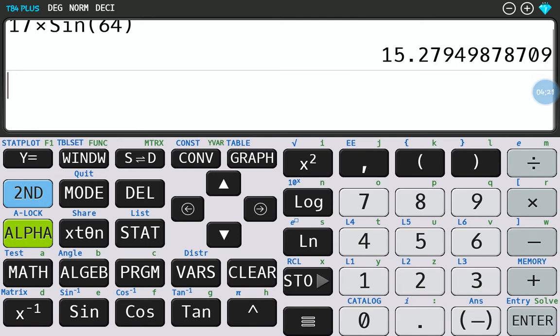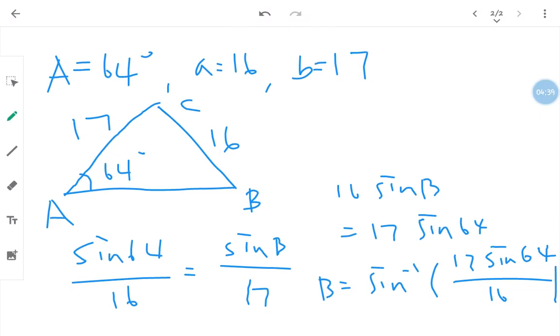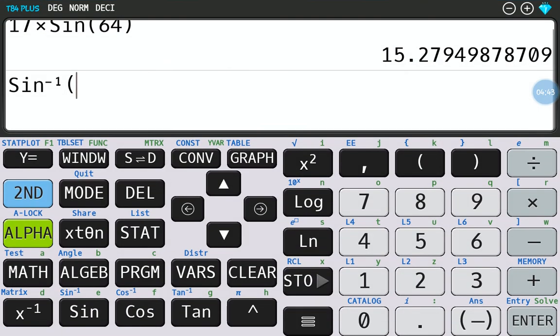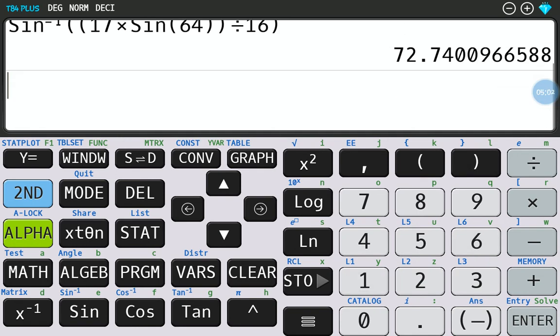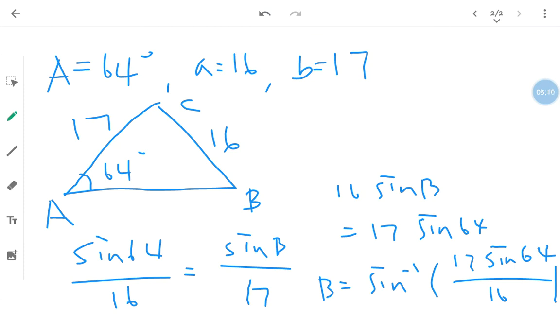So I'm going to put that into my calculator. Arc sine of 17 times sine 64, that is my numerator, divided by 16, and that would be 72.74.